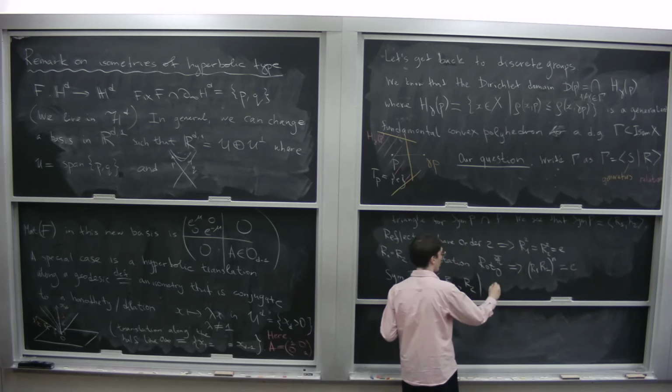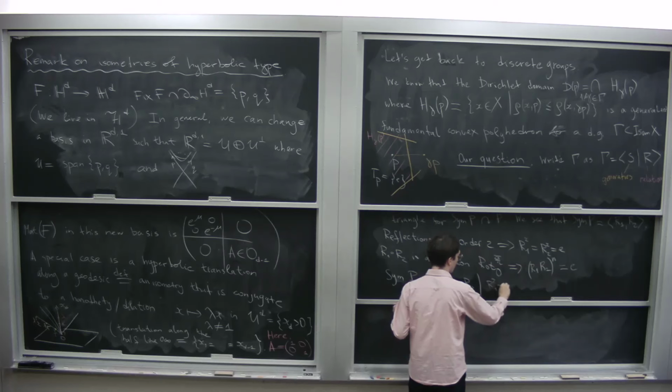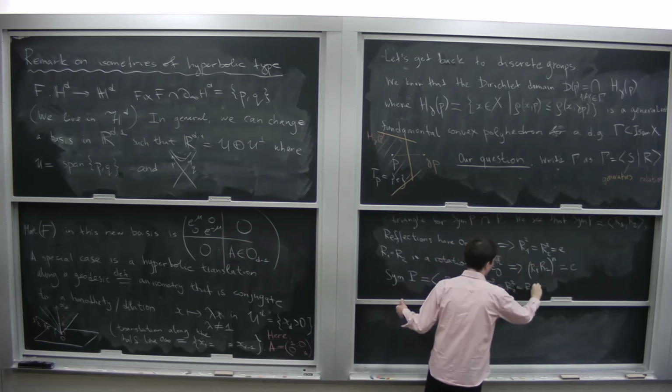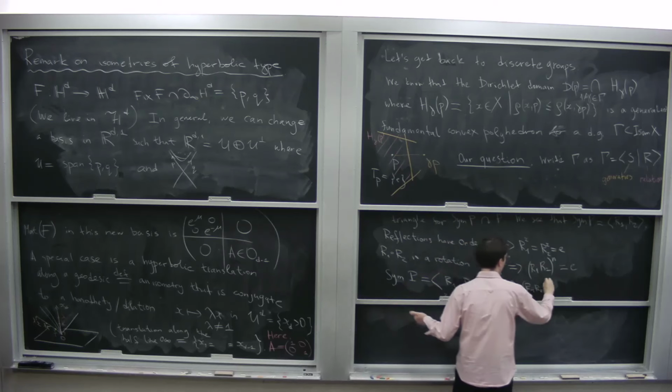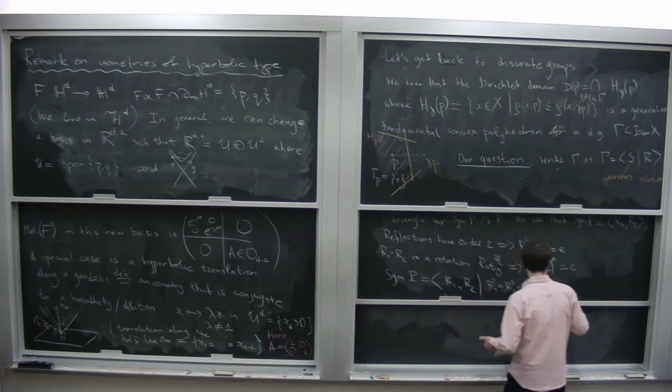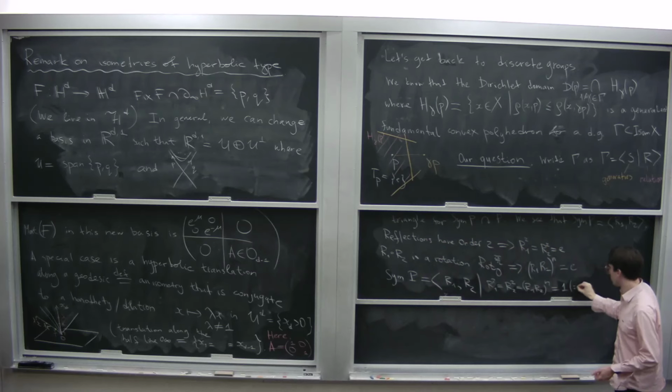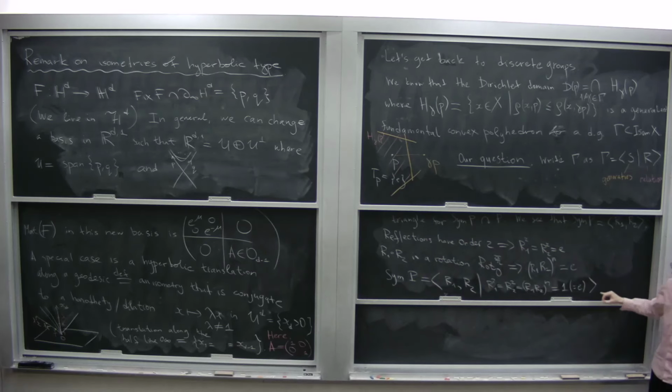And R1 squared is equal to R2 squared is equal to (R1 R2) to the n, and is equal to the trivial element or identity. Sometimes it's denoted by E. So this is my presentation, a group theoretic presentation for the symmetry group of P.